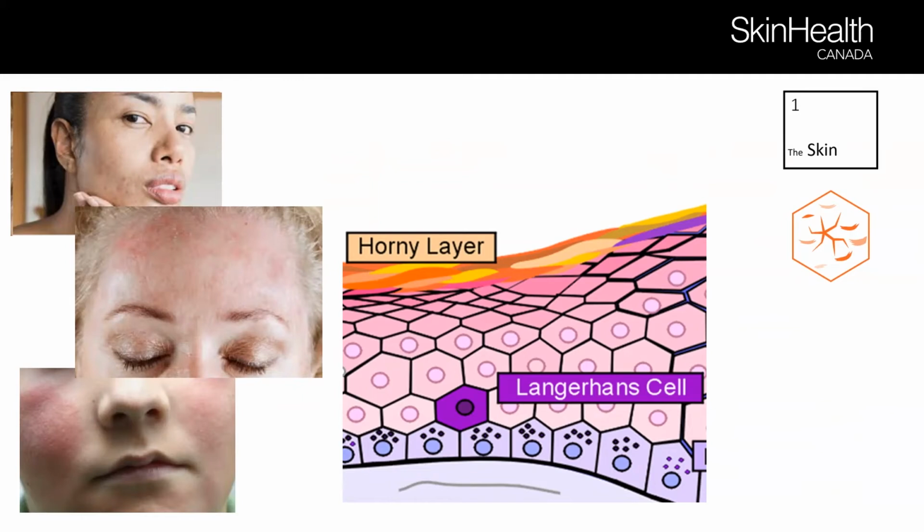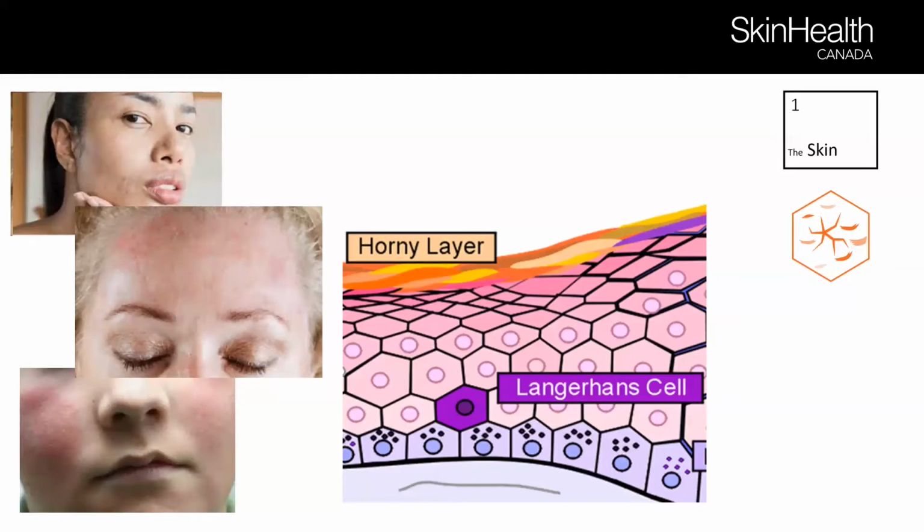So when we talk about dehydrated skin, we talk about trans-epidermal water loss. The skin's primary function is a barrier function, and that barrier function is designed to keep harmful things out and keep moisture in.